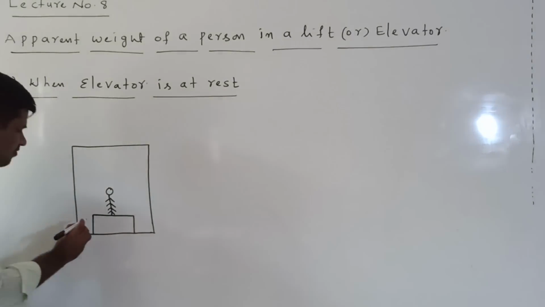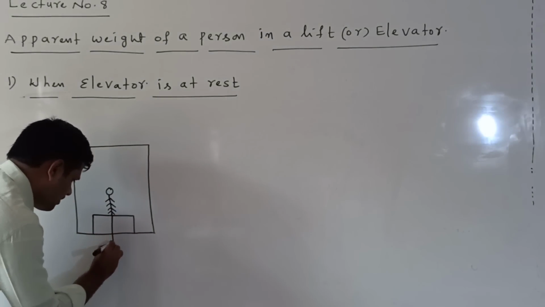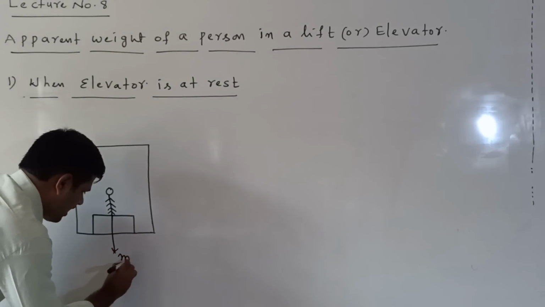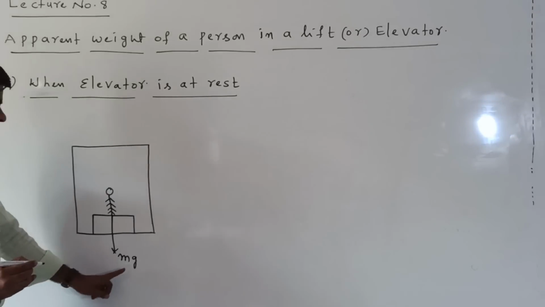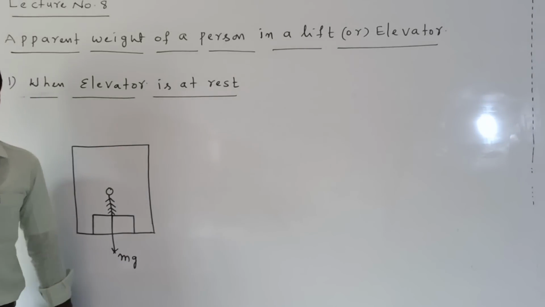Due to the person, the weight acts on the elevator, in the downward direction.